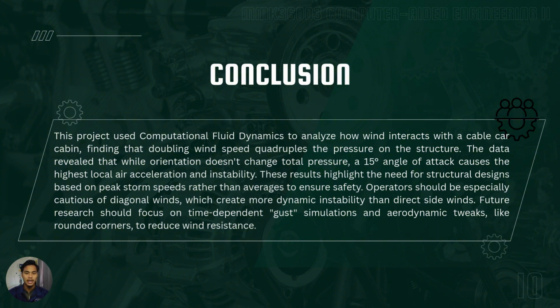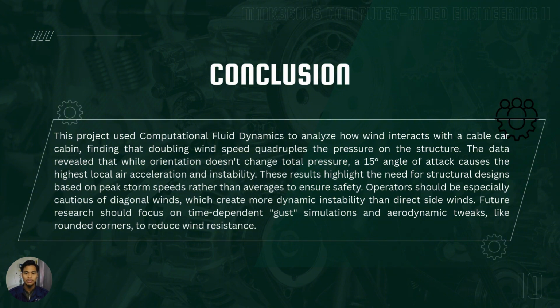These results highlight the need for structural designs based on peak storm speeds rather than the average to ensure safety. Operators should be especially cautious of diagonal winds, which create more dynamic instability than direct side winds. Future research should focus on time-dependent gust simulations and aerodynamic tweaks, like rounded corners, to reduce wind resistance.